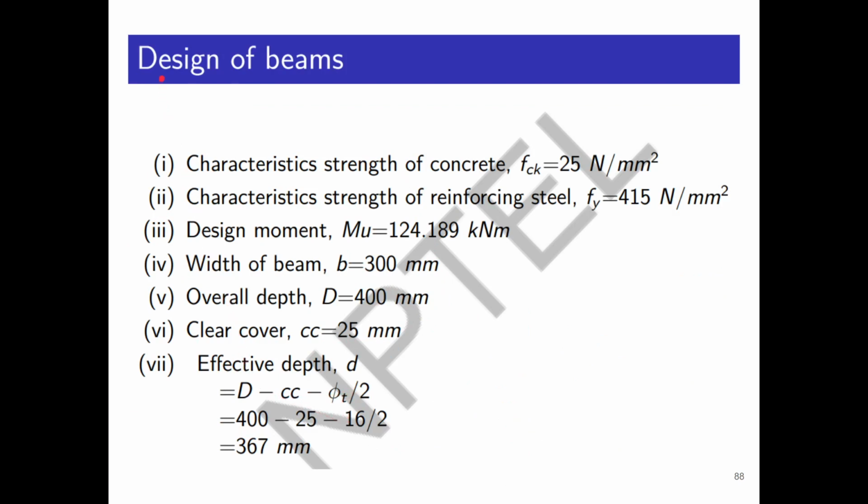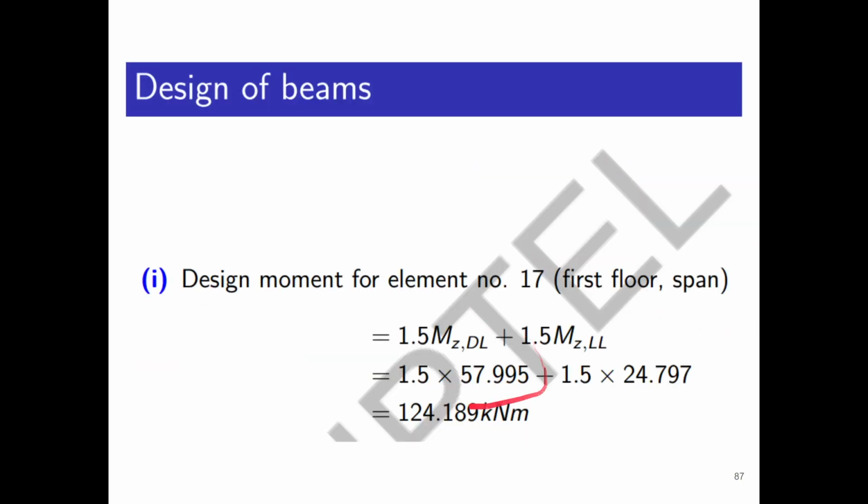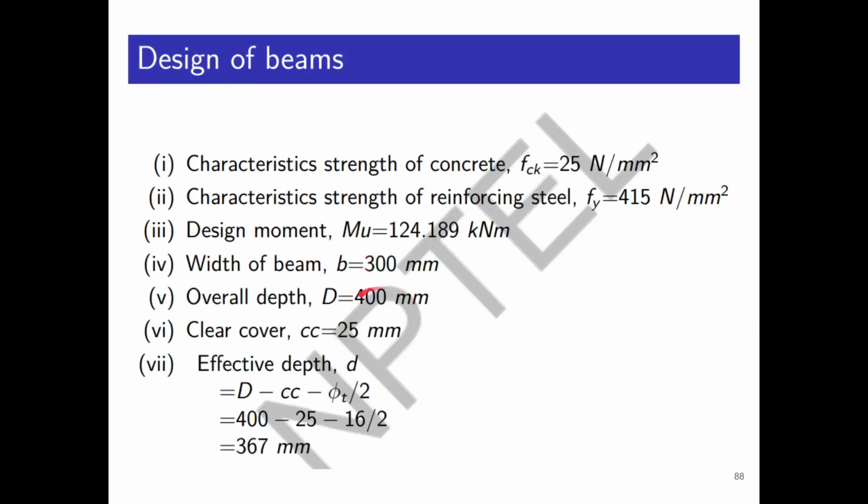Let us consider these considerations we have to take. That is beam concrete, the characteristic strength fck is 25, fy is 415. We have assumed this. Mu value is 124.189, we just found this. b let us take as 300, overall depth D as 400, and clear cover cc as 25 mm.